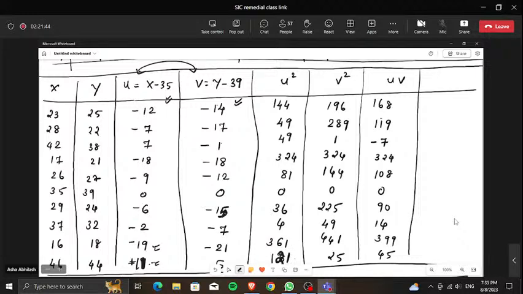U square, and then here it will be 55. Clear?